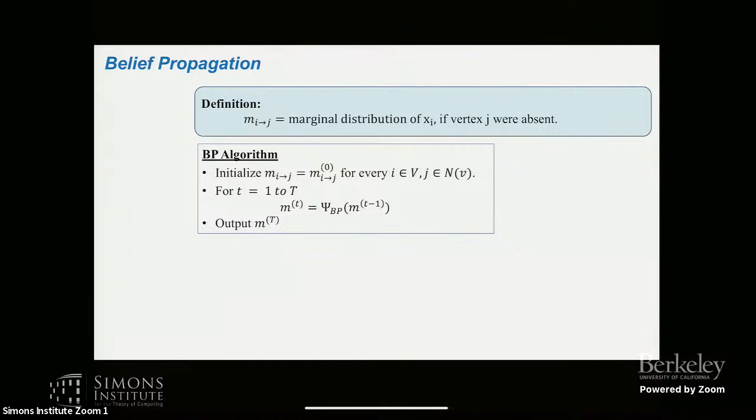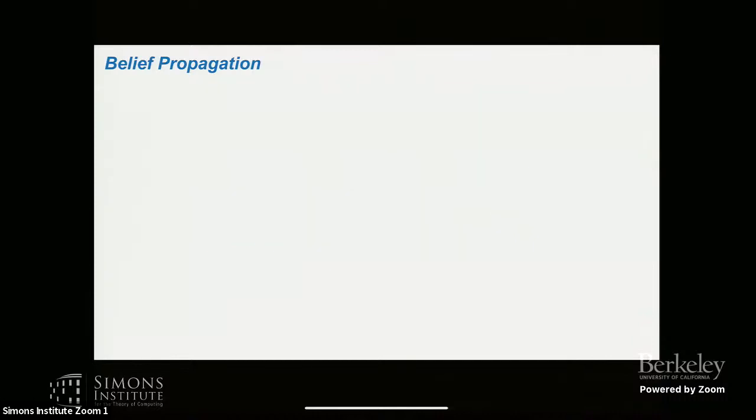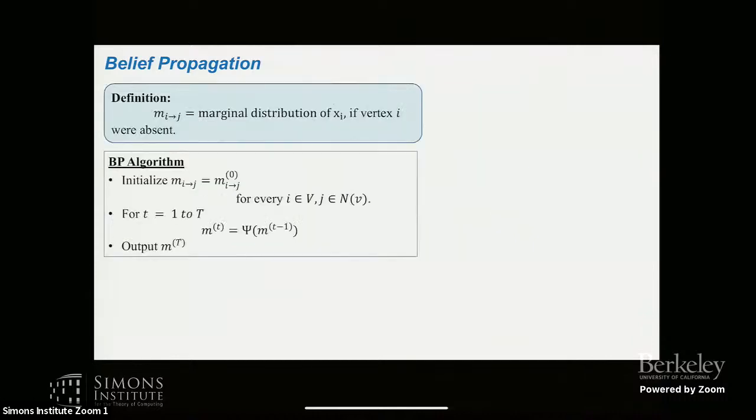It works on trees. Yes, on trees you can prove that it's exact, and it's not hard. We did almost all of the proof, except that if we do this, we are updating all the messages at the same time. But you can prove that it works on trees. It's not that hard. Okay, so this is the BP algorithm.